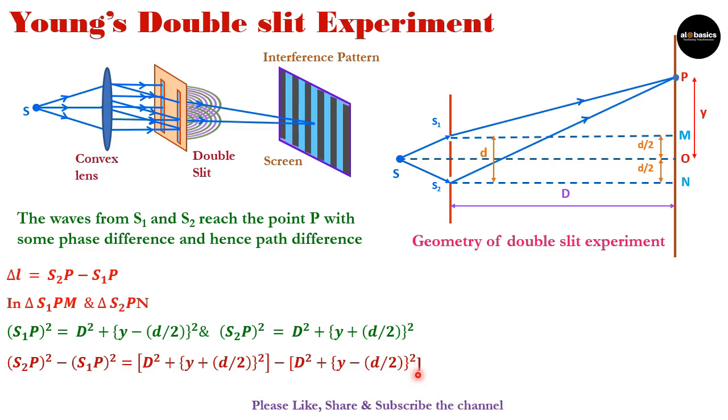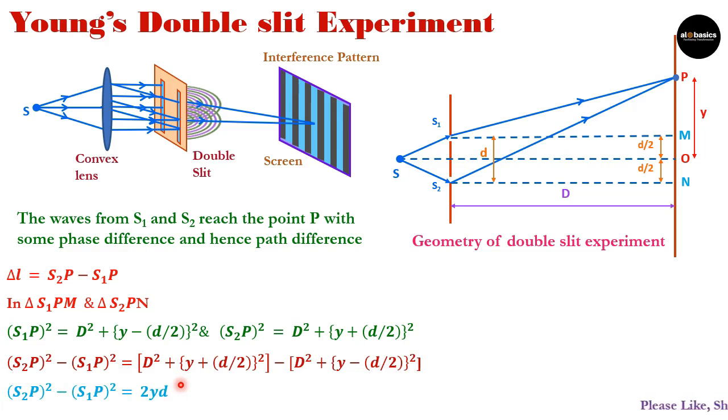Now we have to simplify this, and after simplifying this expression, we come to S2P square minus S1P square is equal to 2yd. How did I get this 2yd? Here D square minus D square will get cancelled. Similarly, the y square will get cancelled. This d square by 4 and this d square by 4 will get cancelled. And what will be left?